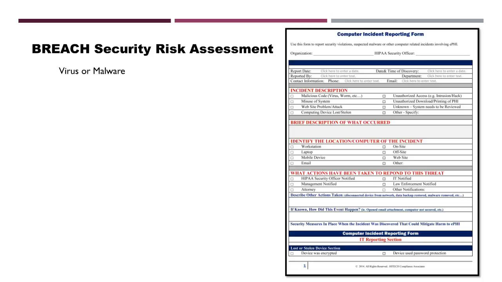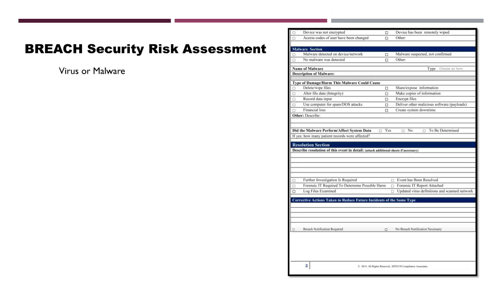We can determine that through the national database. And then we may also have to go into forensic IT to determine, did that virus or malware do what it could do? These questions must be answered each time the network has a virus or other malware detected. Once completed, this form needs to be given to the covered entity's HIPAA compliance officer.